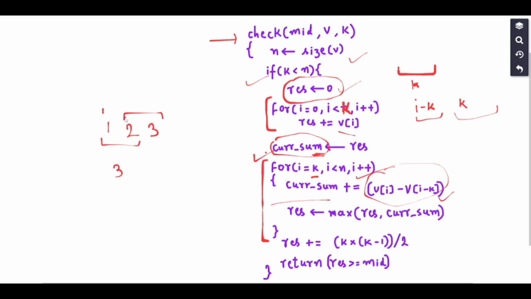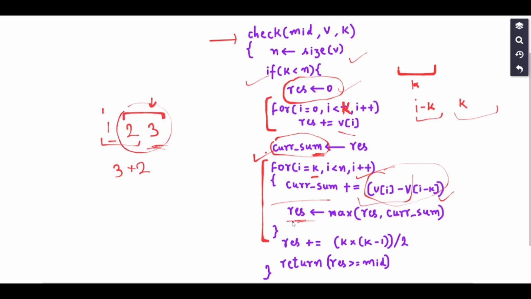I want to get the sum of 2 and 3, and I'm standing on position number 3. All I have to do is add the difference between 3 and 1, that would be 3 minus 1, that is 2. So if I add 2 here, I will get the sum of this window. That's what I'm doing here.